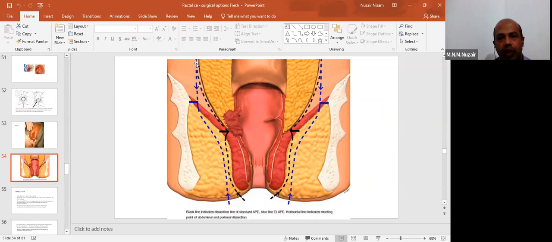But when we are doing abdominoperineal resection, we must always come close to the levator and remove the levator as well. If we go here, we may be too close to the tumor and the margin may be positive. So this is called extralevator abdominoperineal resection. So the plane must be here rather than here. This plane is for when you are doing low anterior resection or ultra low anterior resection or intersphincteric resection.